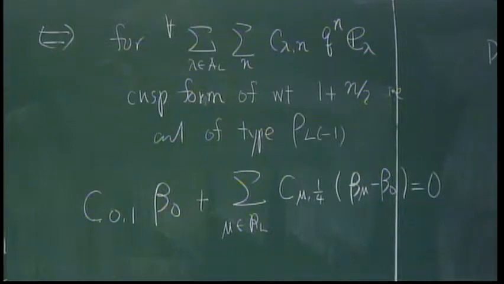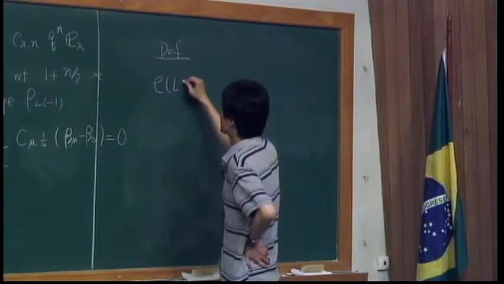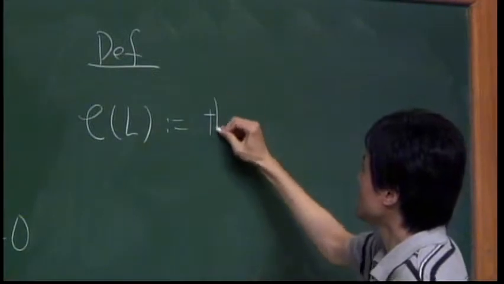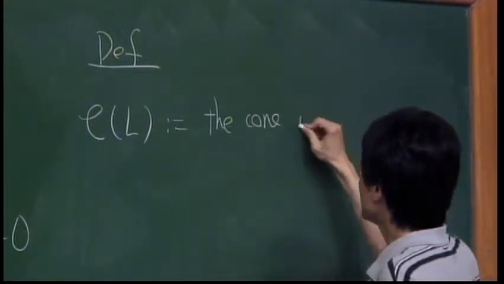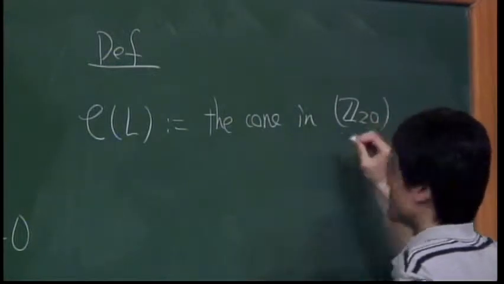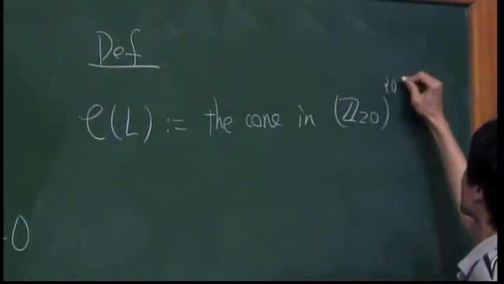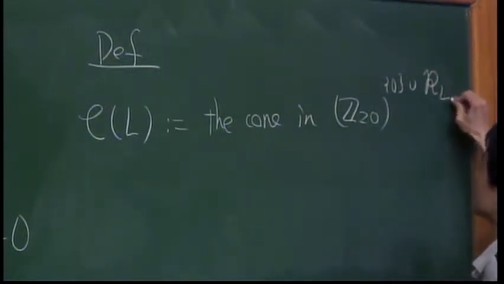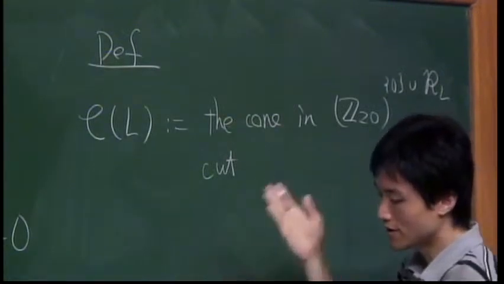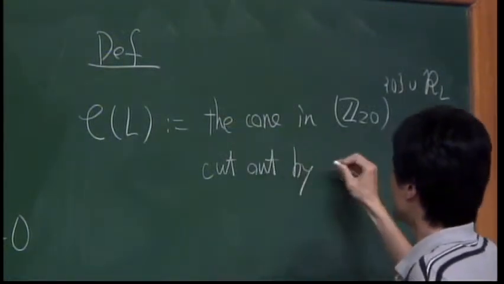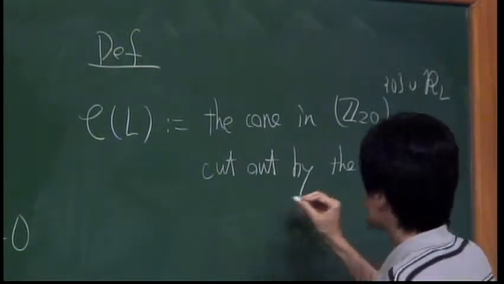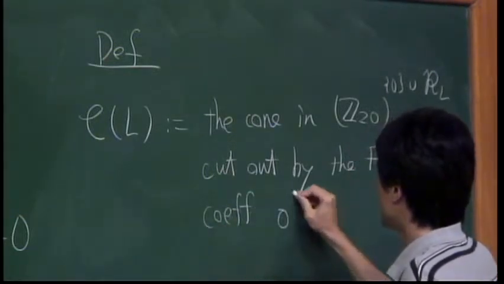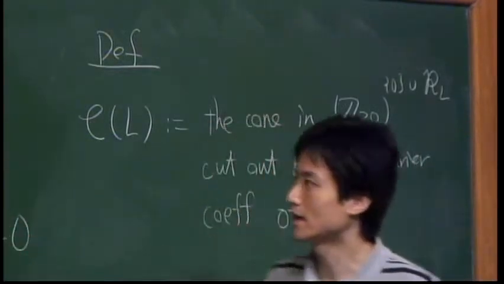So thanks to this criterion, I define CL to be the cone in the semigroup of the multiplicity, linearly cut out by the Fourier coefficients of cusp forms of this type.